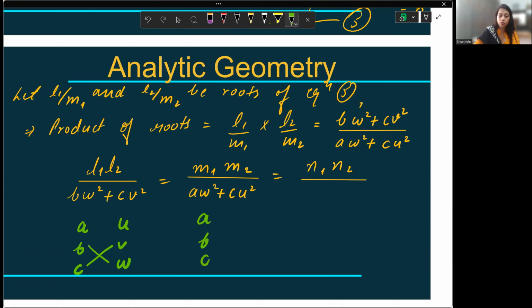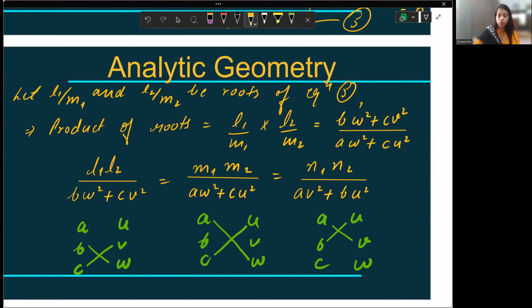Now similarly, over here, what's the pattern? A goes with W and C goes with U. So what will be the pattern in the denominator of N1 N2? It would be with A and B: A with V and B with U. Okay, now it becomes easy. So AV square plus BU square, and this you can write by symmetry.